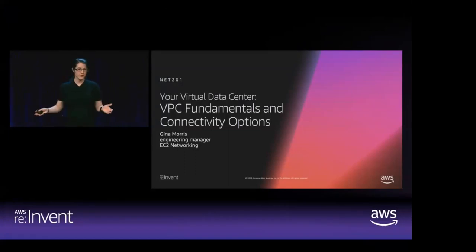Now, no matter what you do in AWS, there are really two foundational things that it's really good to understand. And those two things are VPC, or Virtual Private Cloud, and IAM, or Identity and Access Management. I'm Gina Morris. I'm going to be teaching you about the first of those, VPC. So what is it?